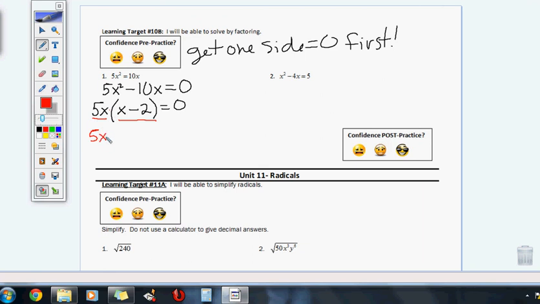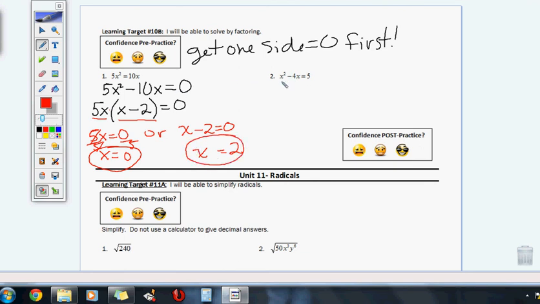It means one of these somethings has to be 0. Either 5x is 0 or x minus 2 is equal to 0. So that's where we get the split and solve. And then if you divide both sides by 5 here, you actually get 0 for one of the answers. And then if you add 2 to both sides, then you get x equals 2.